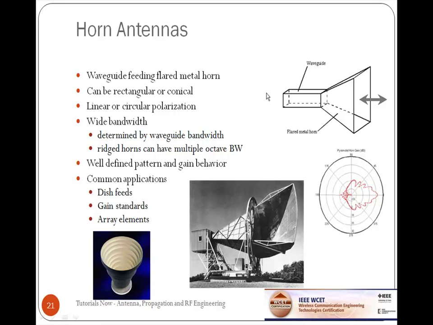The horn antenna has a waveguide feeding a flared metal horn, and the horn can be rectangular or conical. The polarization can be linear or circular, and the horn antennas typically have very wide bandwidth, basically determined by the waveguide bandwidth.